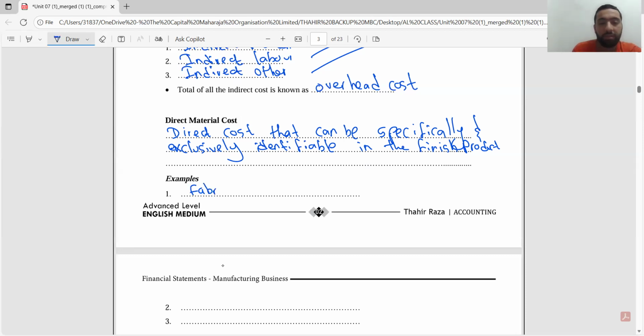Okay. So examples. In fabric, what is the direct material?